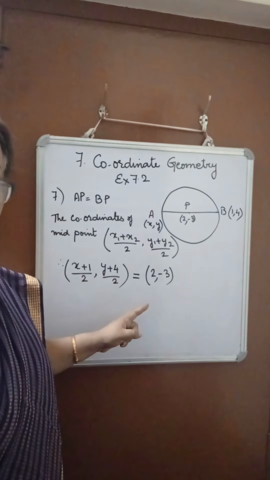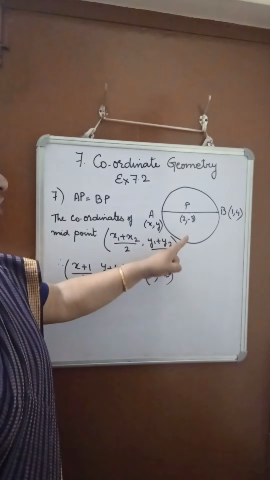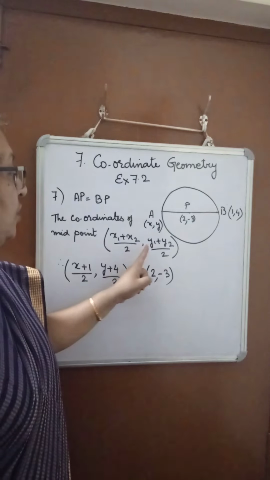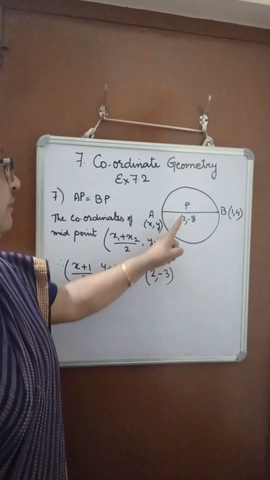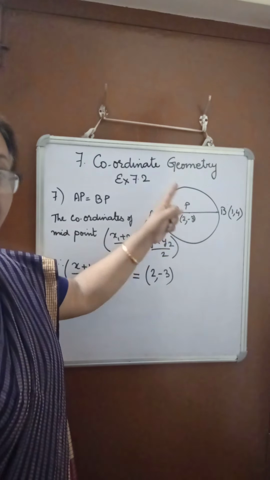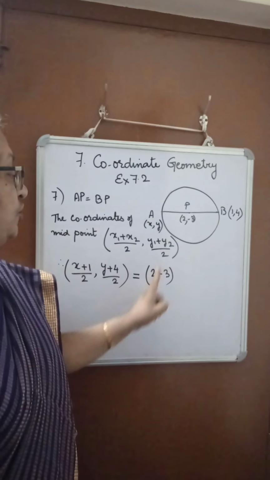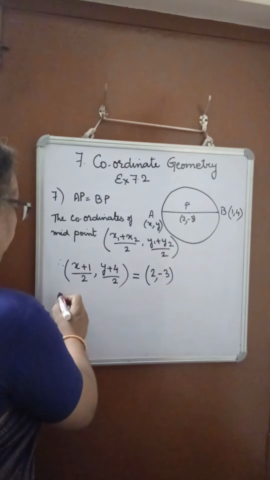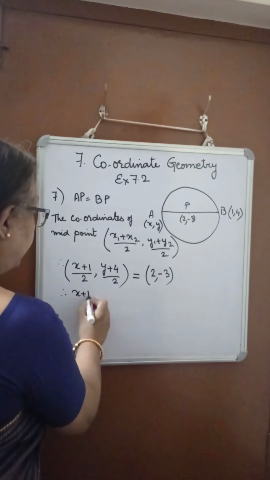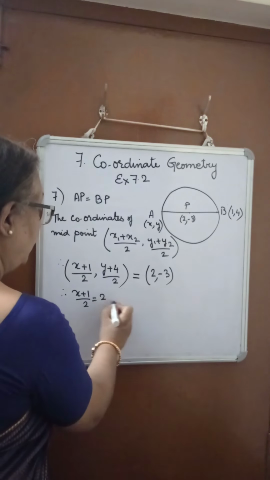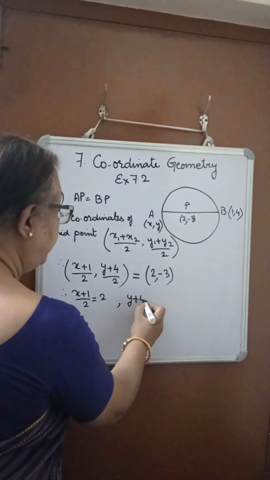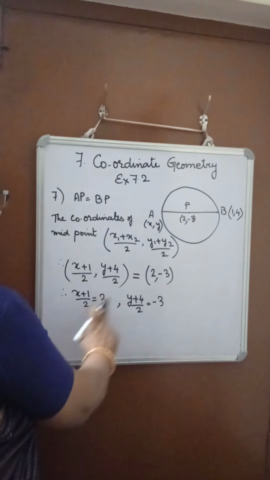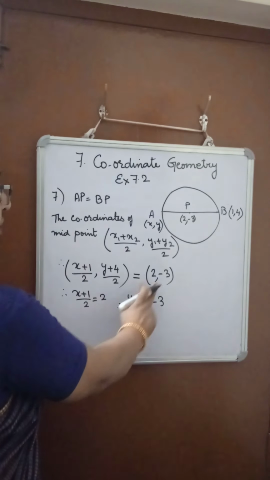So understood the step? Now we can equate this. So (x + 1) by 2 is equal to 2, and (y + 4) by 2 is equal to -3. The x coordinate is equal to the x coordinate, y coordinate is equal to the y coordinate.